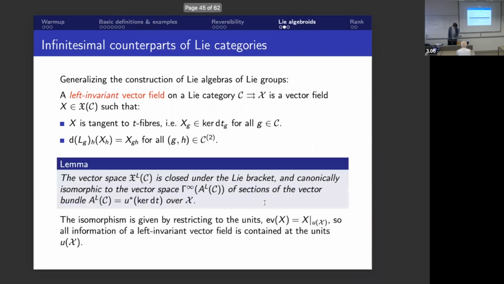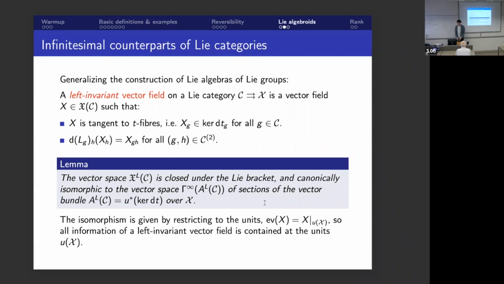So in the very same way that we prove this lemma for Lie algebras of Lie groups, we can prove it for left invariant vector fields. What this lemma is saying is that the vector space of all left invariant vector fields is closed under the Lie bracket.